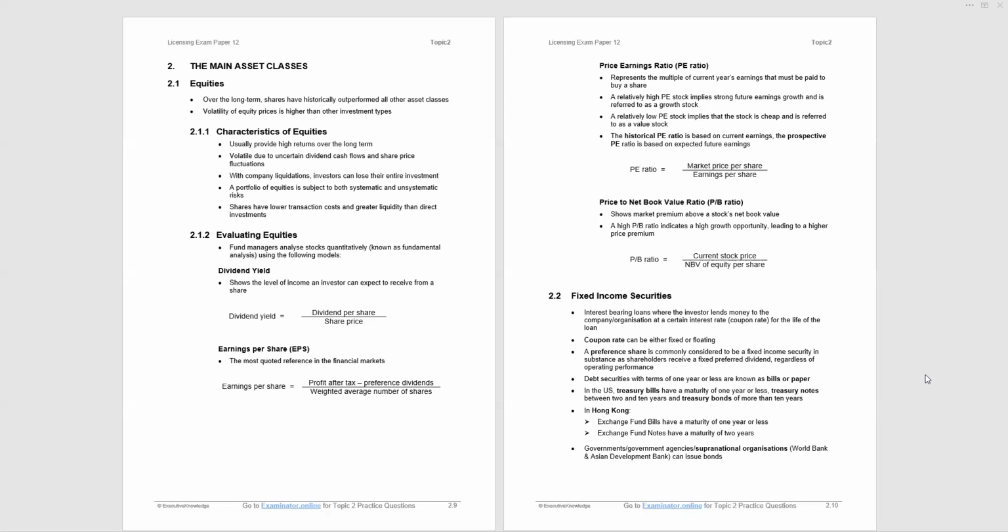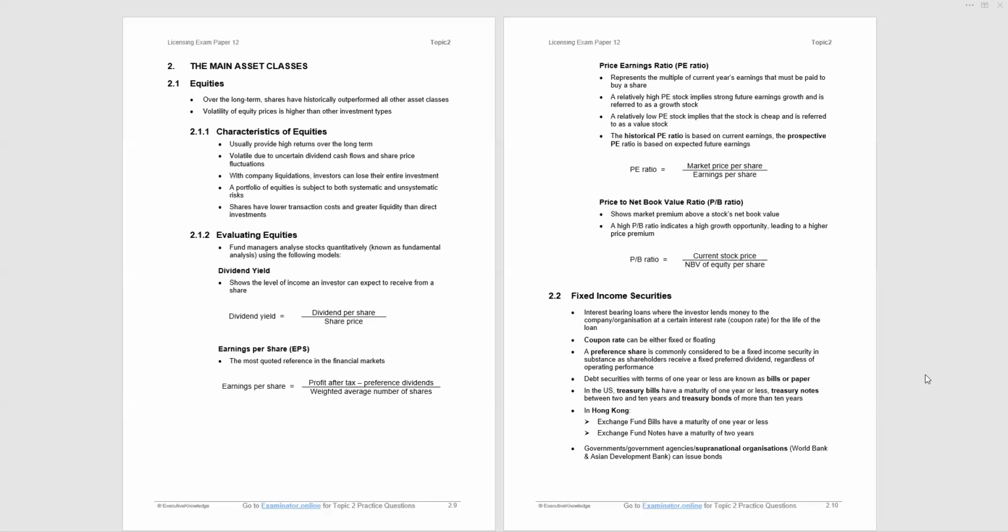Price earnings ratio, this is commonly quoted for companies and for markets. It's the multiple of current year earnings that must be paid to buy a share. So if the PE ratio is 10, that means you're having to pay 10 times 1 year's earnings to buy that share. A relatively high PE stock implies strong future earnings growth.